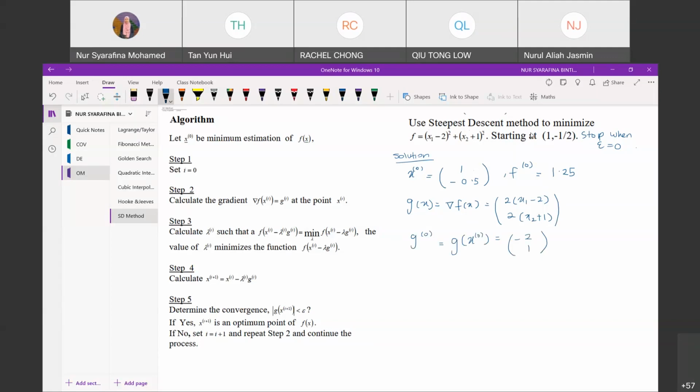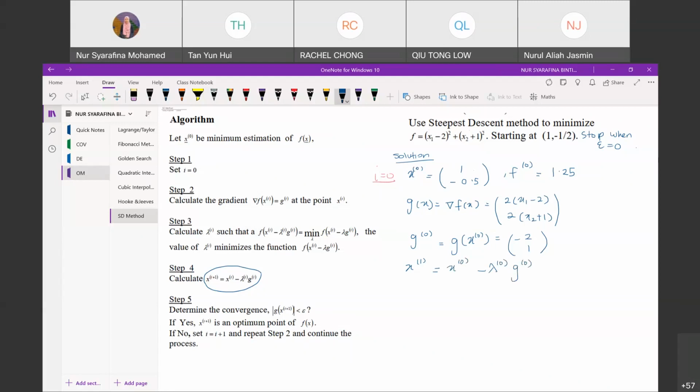Now we want to calculate lambda. Remember, in our iteration we always update with these iterative methods: x1 equals x naught minus lambda naught g naught.